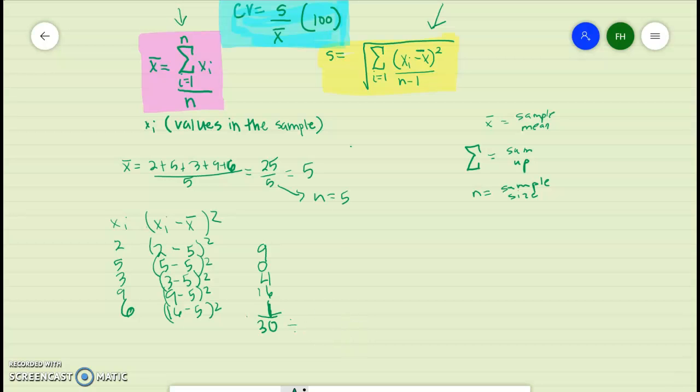Don't forget we have to do n minus 1, so 5 minus 1 is 4, and we get 7.5. And then the last step is always going to be to take the square root when you're getting the standard deviation. And once you do that, you get 2.74.